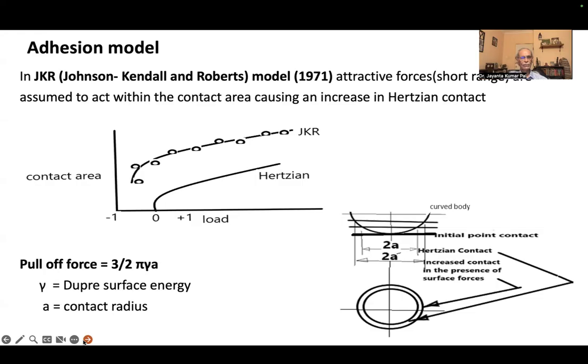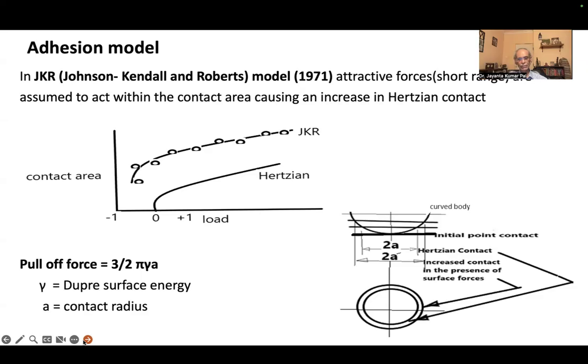Attractive forces, that is short range forces, are assumed here. Johnson, Kendall, and Roberts assume that the surface molecular forces act within the contact. If you look at this diagram here, 2A is the deformed contact area, and 2A dash is the contact area after taking care of the intermolecular forces.